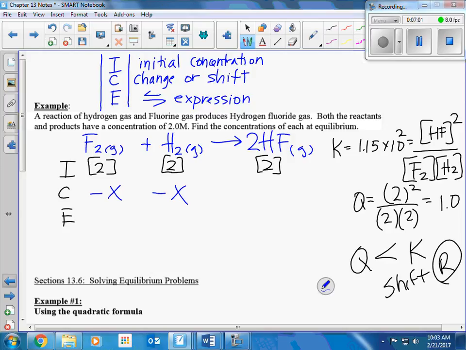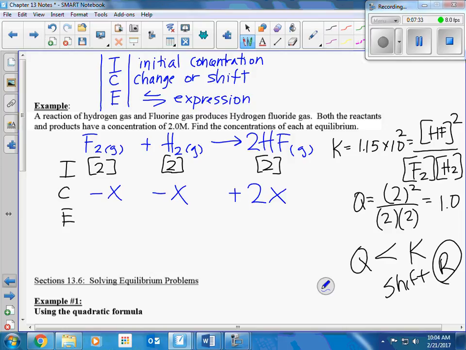Yes, because there's a mole ratio there of 2. Because their mole ratio is 1 to 1, and so their concentrations are going to change by the same rate. If I had 3 right here, then I would put minus 3x. Always going to be x, they're both going to be x, and we just differentiate the variables based upon the coefficients in front.